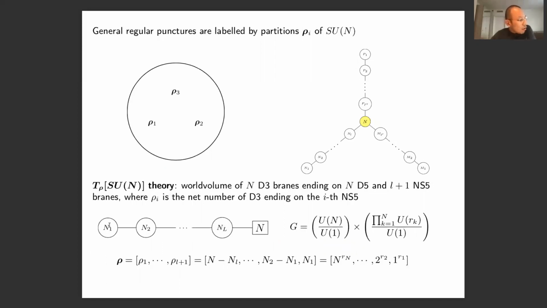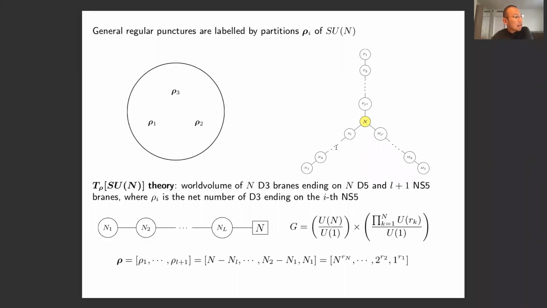It takes a more general form n1, n2, ..., nl, and n, such that these n are related to the partition by again pairwise difference. If you take n, subtract nl, and so on, the pairwise differences will give you this partition. So the partition data can be translated into these ranks.